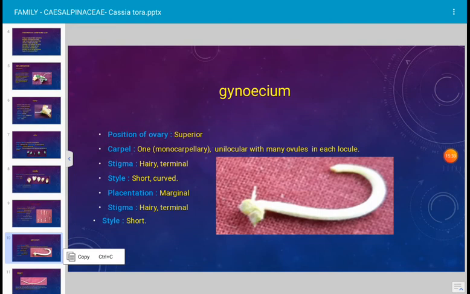How is the attachment of the ovule? That is marginal. Marginal placentation is there. And the stigma is hairy and terminal in all plants. This is also important, and the style is short. Okay. Next.